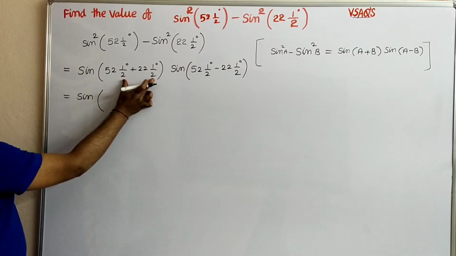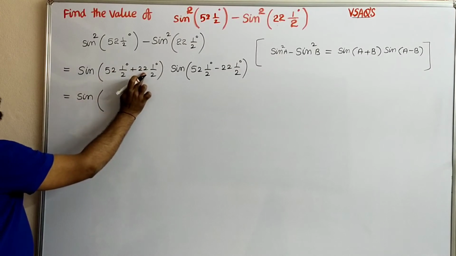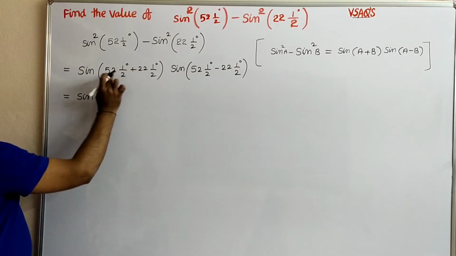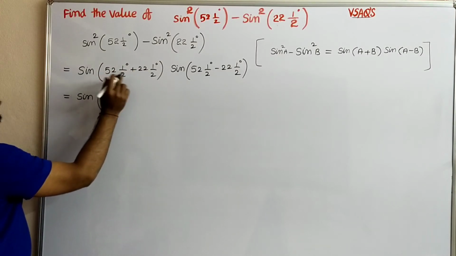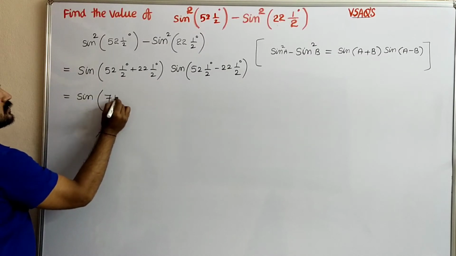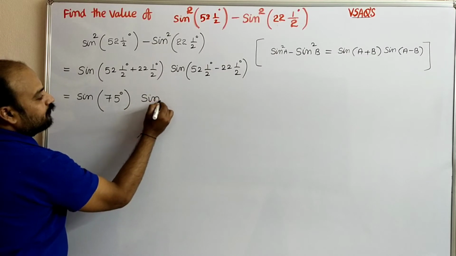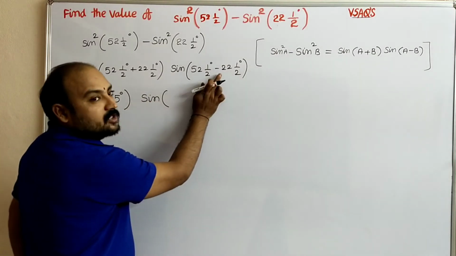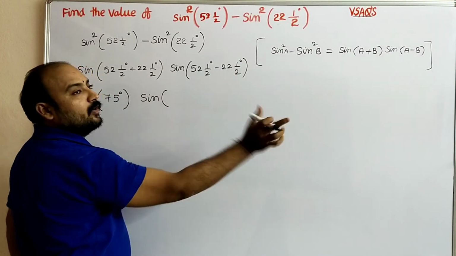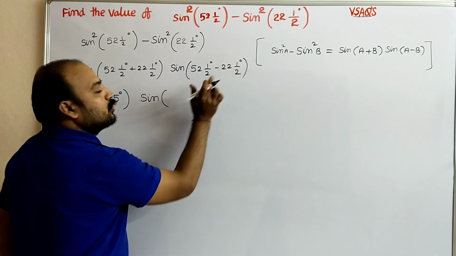Half degree plus half degree is 1 degree. 52 plus 22: 2 plus 2 is 4, and 5 plus 2 is 7. So 74 plus 1, 75 degrees, into sin of, whenever we are subtracting the half degrees we have to cancel them, 52 minus 22, 30.